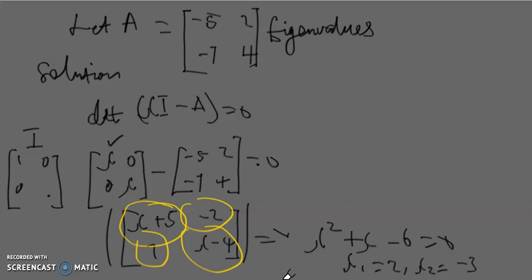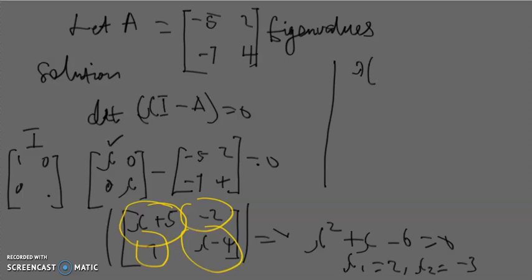So this is exactly what we do in trying to find the solution for eigenvalues, and from here we can use the answers we got for lambda 1 and lambda 2 in order to find the eigenvectors corresponding to these eigenvalues.